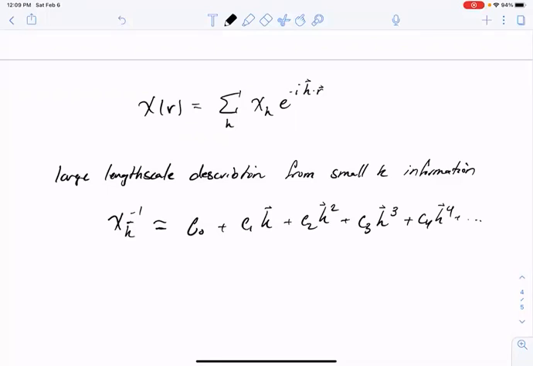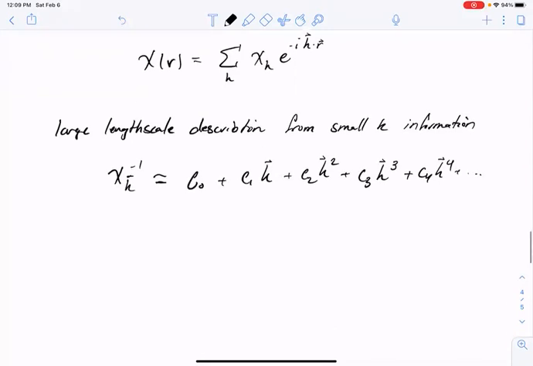But if the system is isotropic, and thus chi depends only on the magnitude r, not its direction, that also means that the Fourier representation of chi depends only on the magnitude of k, not its direction. So really all of these must not be vector k, but must be scalar k.